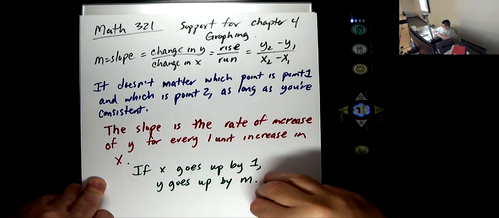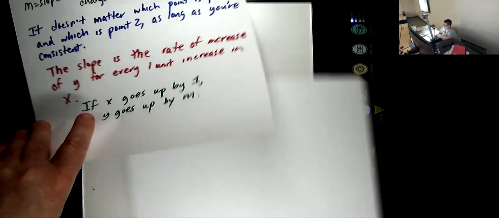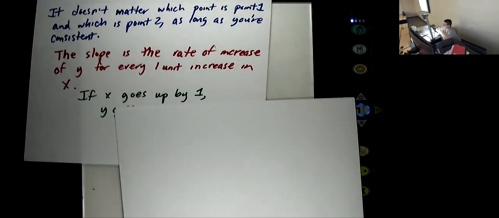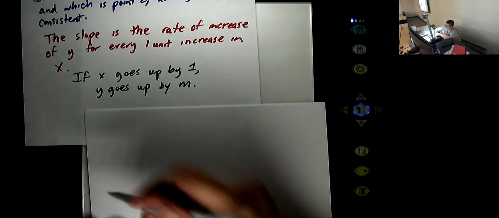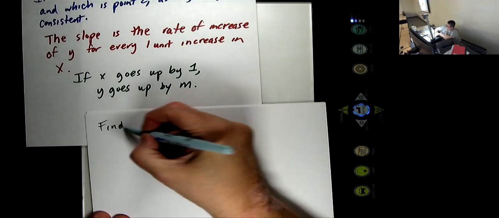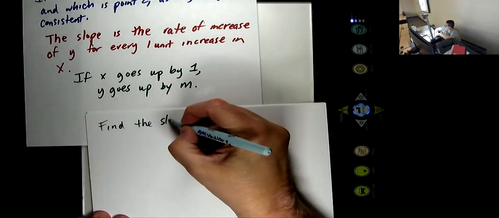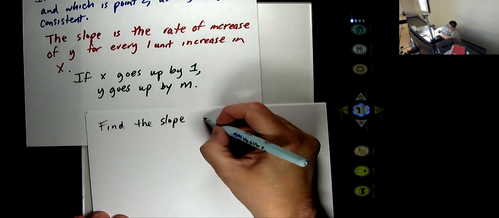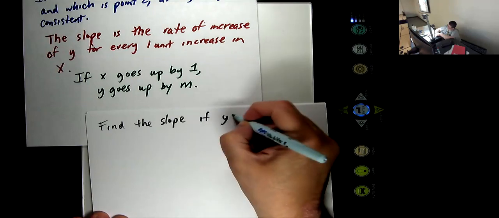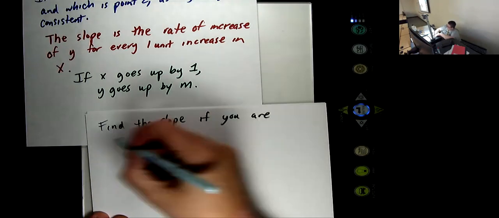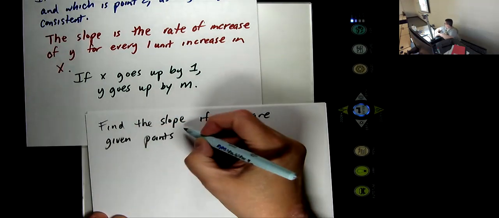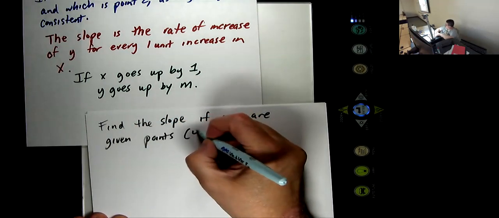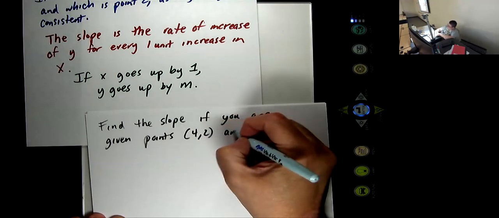Give you guys a little bit more practice in this. Find the slope if you are given the points (4, 2) and (2, -6).